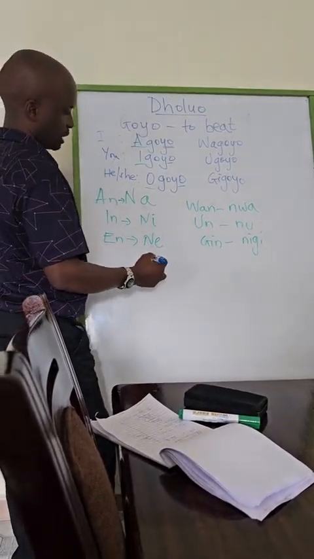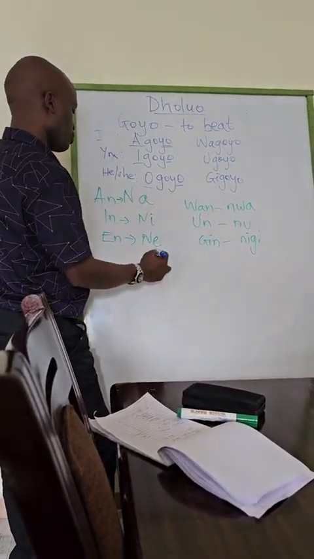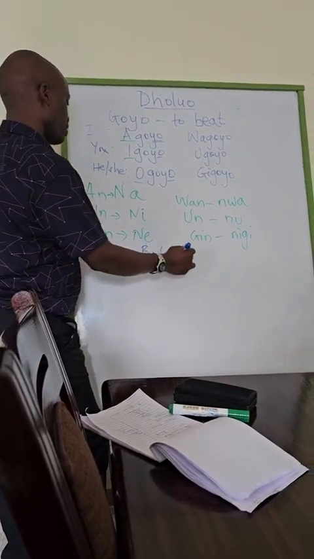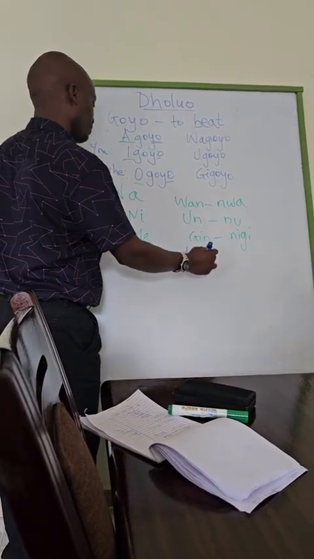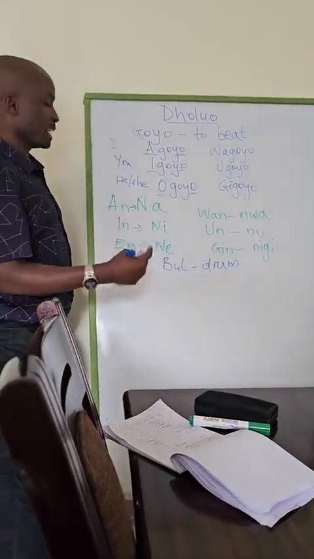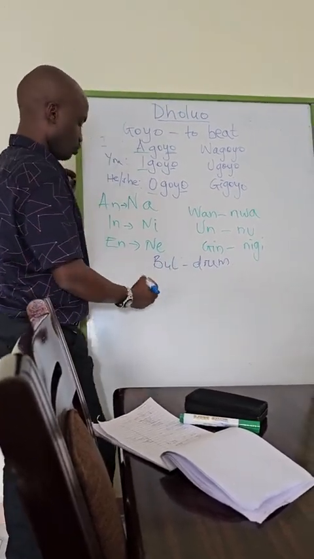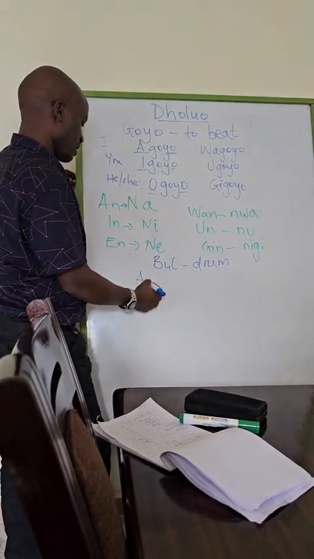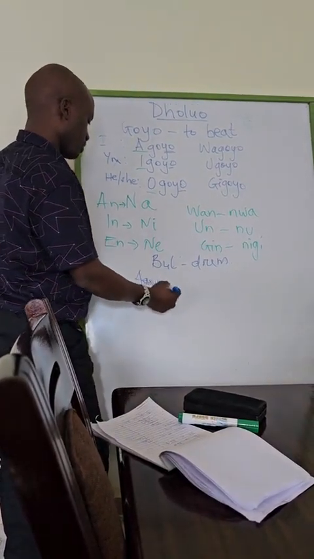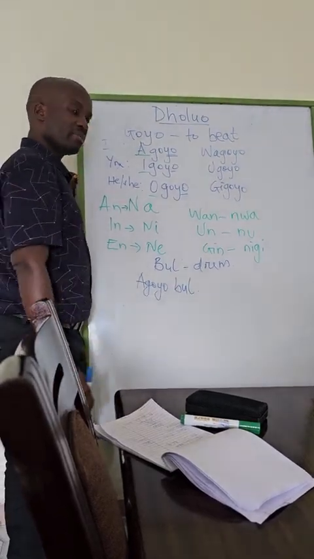For example, actually I've gotten the best example. Bul. You know bul? Bul is a drum. Okay? So if you want to say I'm playing drums, you simply say agoyo bul. I am playing drums.